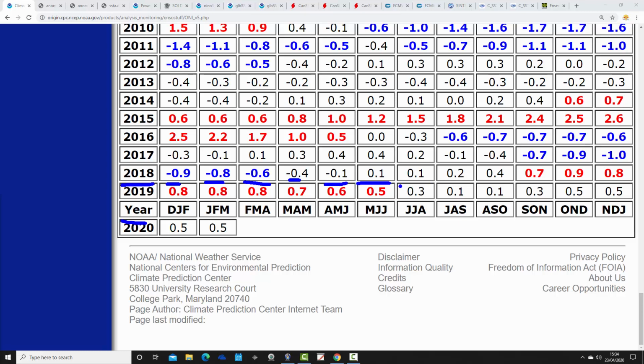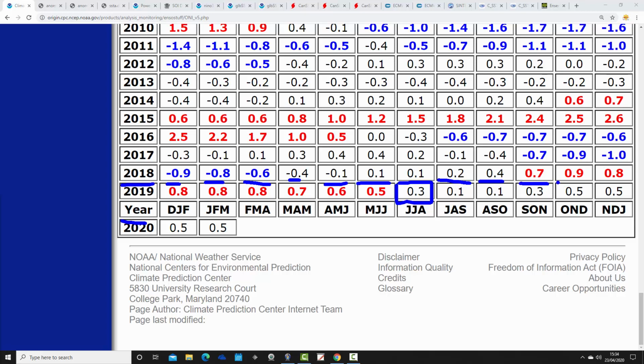We go back to black on this tri-monthly period, which is June, July, August. Summer 2019 sees a reversal of El Nino to ENSO neutral. We lose that half a degree minimum requirement to be at El Nino threshold. Instead, we are 0.3 degrees above average. Now, we stay with these black coloured numbers, which is ENSO neutral, through to the end of the year.